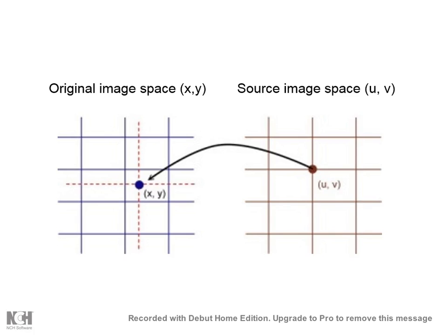So how do you determine its color? If you know the color of XY, you can assign the color to this pixel UV in your source image. Do you understand my question? Okay, do you understand?